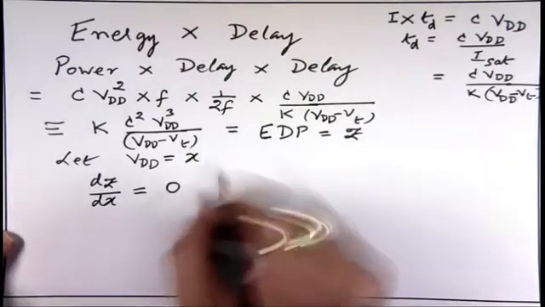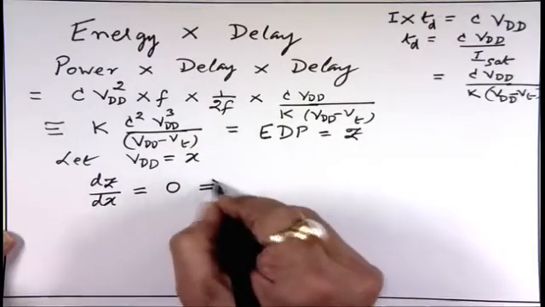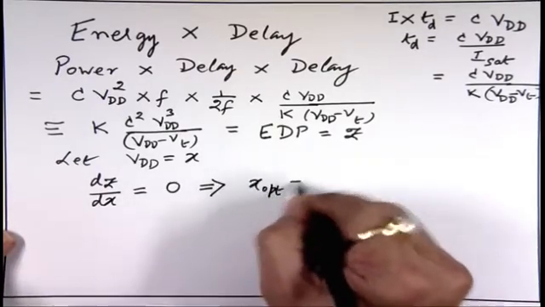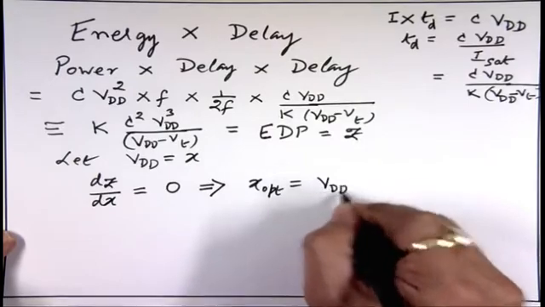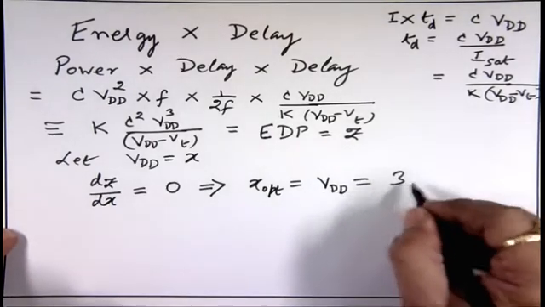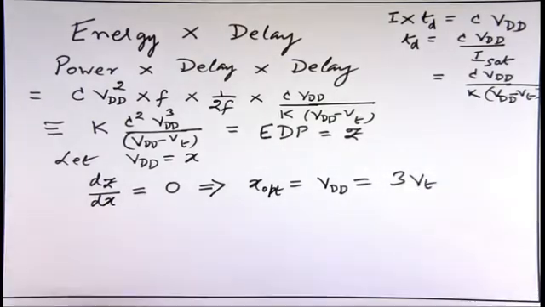You will get that the optimum value of the power supply can be shown to be equal to 3 times the threshold voltage, or 3 by 2, whatever, you can do it correctly.